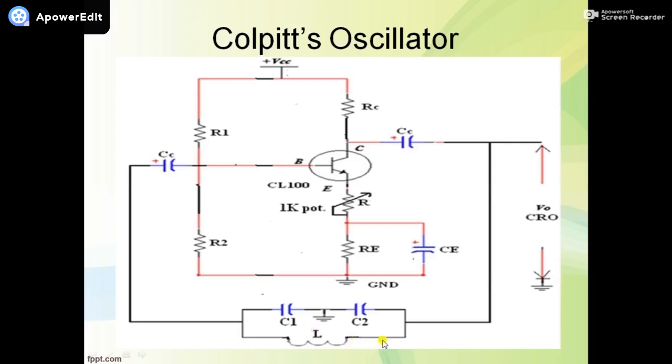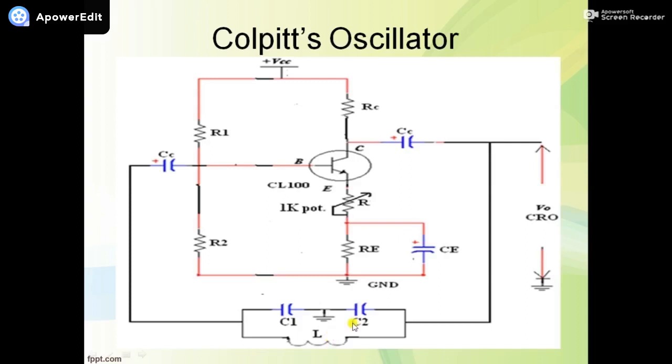After that, again the current flows towards C1, C2. With the help of the back EMF, again C1, C2 become charging condition, and again L becomes discharging condition. So this is the continuous process of charging and discharging between C1, C2 and L.